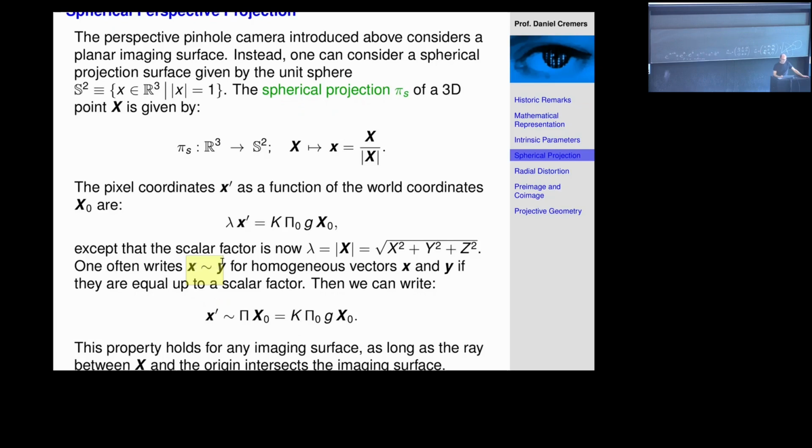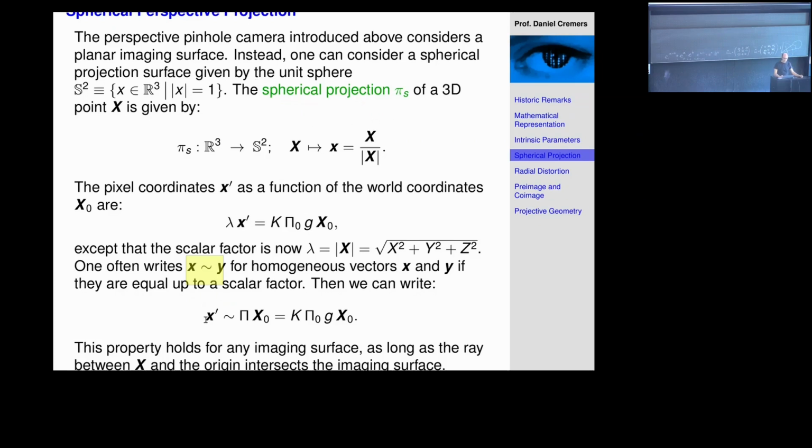And if we introduce that tilde notation, to even more hide this nonlinearity, we can say the 2D pixel vector x prime is basically, up to scaling, given by pi times x0, where pi is my standard perspective projection. And so this is the same both for the pinhole projection with a flat screen as well as for a projection with a spherical screen.